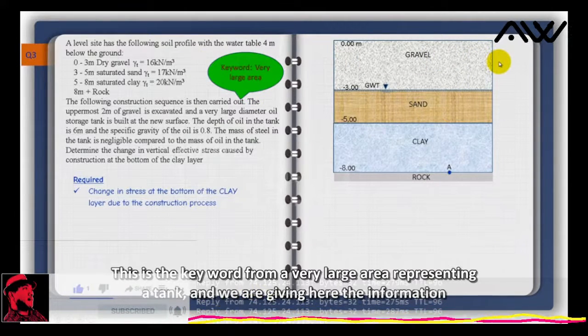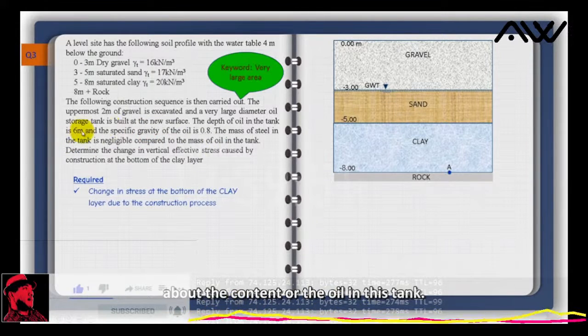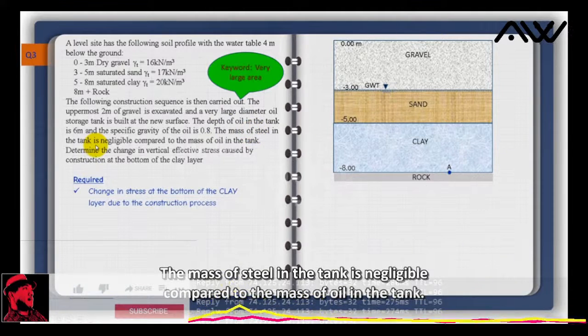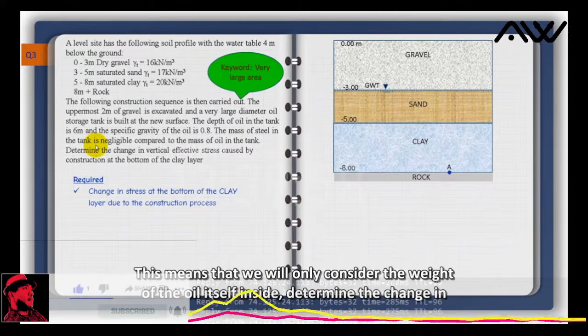This is the key word, from a very large area representing a tank. And we are given information about the oil in this tank. The mass of steel in the tank is negligible compared to the mass of oil in the tank. This means that we will only consider the weight of the oil itself inside.